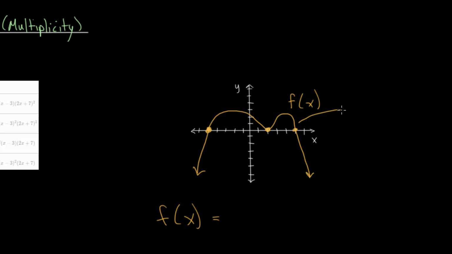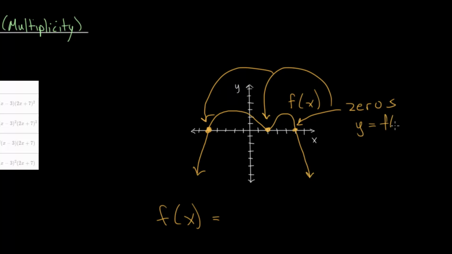So these points here, here, and here, these are all what we call the zeros of the polynomial, or the roots. And basically, that's when the y value or the function value is equal to 0. And from these zeros, we can determine what the equation for this polynomial would be, or what a potential equation of this polynomial could be.